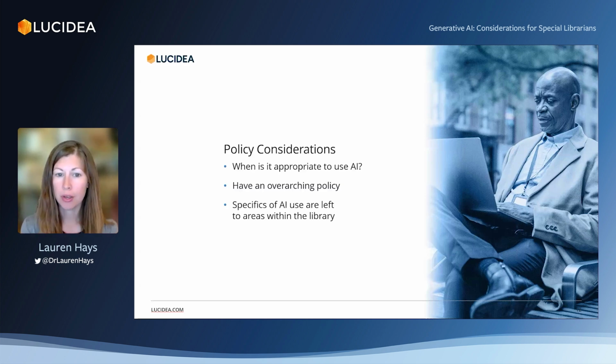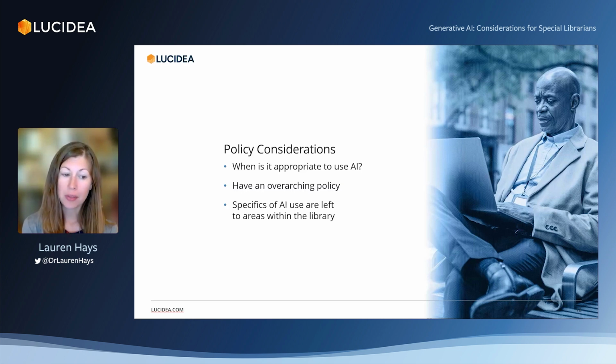So what I often recommend when we're thinking about policy considerations for AI, with also the realization that these tools are changing rapidly and they're just getting better and better, and they're just being able to do more and more. So you don't want to have to change your policy all the time. So I tend to think it's best to have an overarching policy, such as members of this organization will use AI in ethical ways.